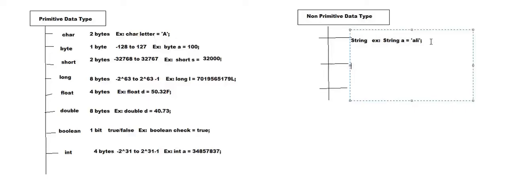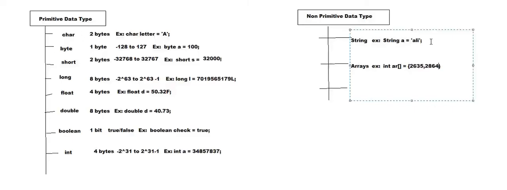Now we have something called arrays. To define an array, we have to give the data type for which you are defining it, and you can type any values here.